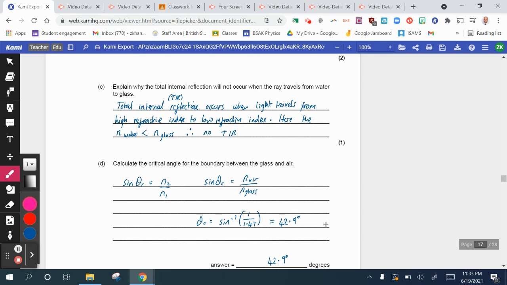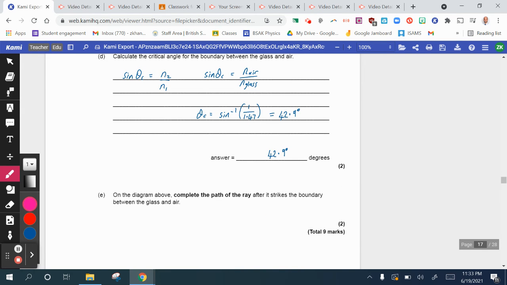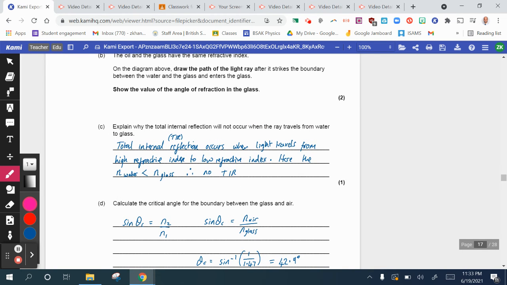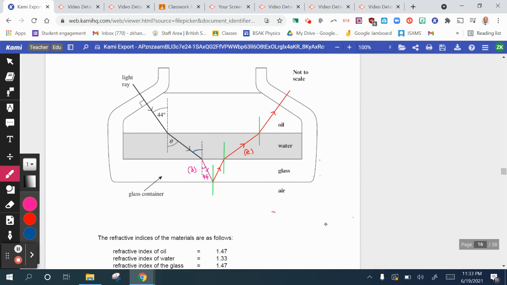The refractive index of air is 1, and the light ray is initially in glass, which has a refractive index of 1.47. So the critical angle is 42.9 degrees.